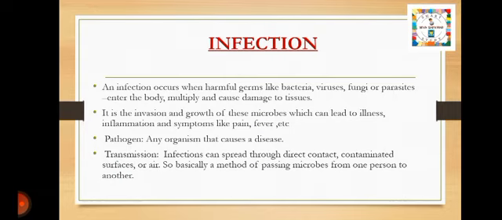Now they enter our body through various means, maybe through direct contact, contaminated surfaces, or air. So infections can spread through these means. Basically the method of passing microbes from one person to another is termed as transmission. Hope you are clear with these terminologies.